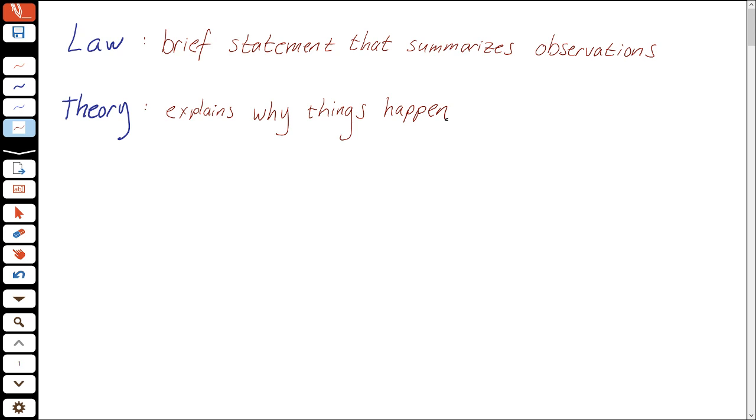So if you think of some examples, it can help keep that stuff straight. One I think about that we're going to talk about next week, a theory, is atomic theory, the theory that matter is made out of atoms. So why is that a theory?